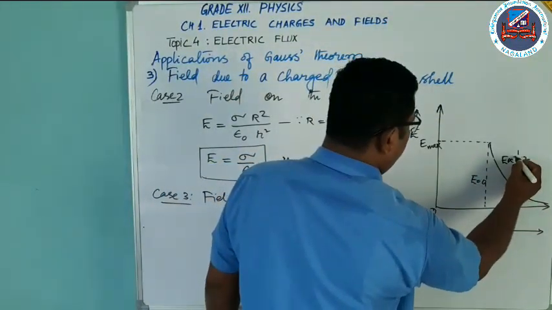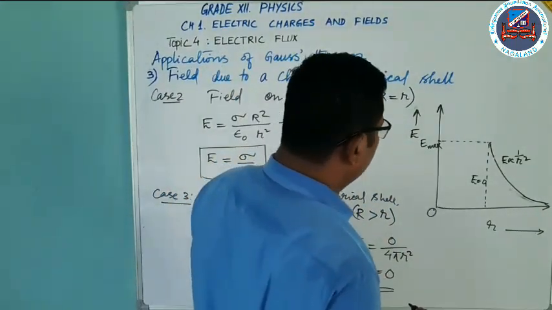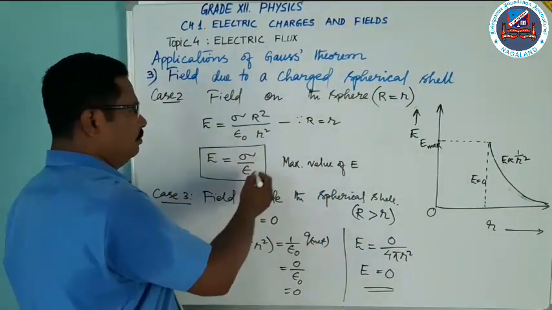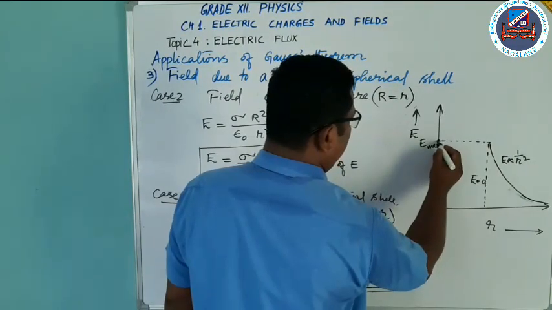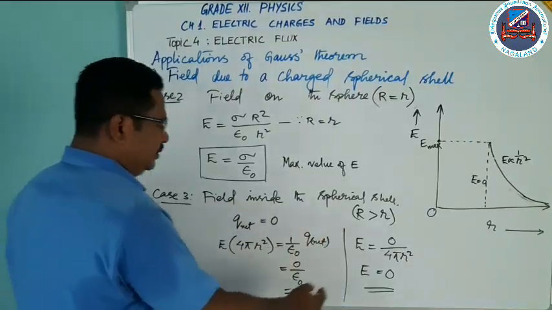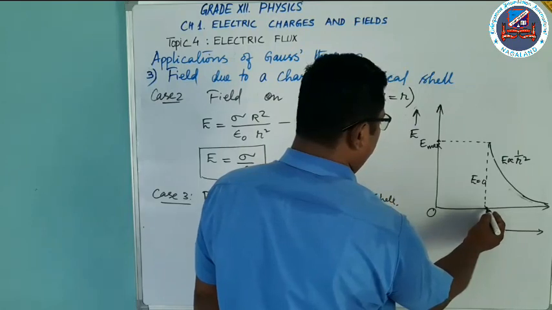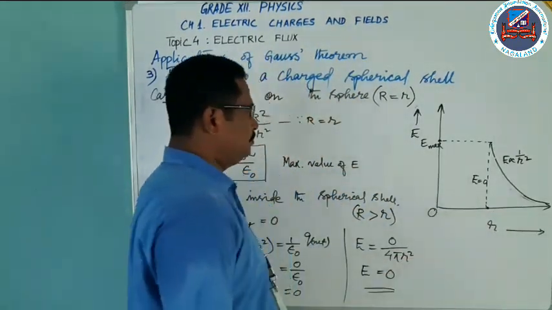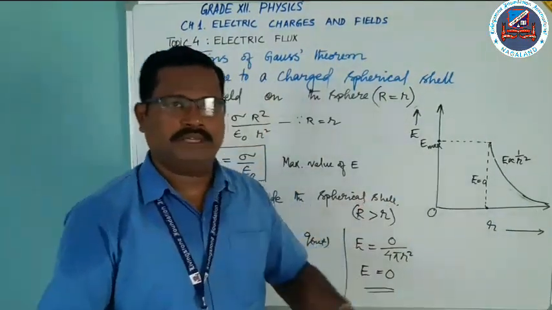This is inversely proportional to distance square. Then the second case, that is your maximum value of E, can be represented from the peak of the curve, the E maximum. And for the third case, electric field intensity is 0. So this curve will also indicate here E is equal to 0 at the center, that means inside the charged spherical shell.